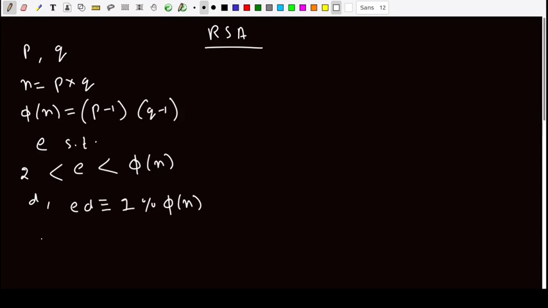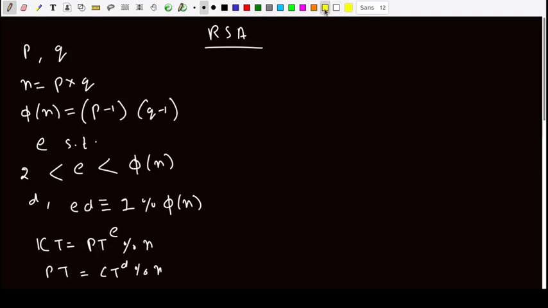Once we have e and d, we compute the ciphertext, which equals plaintext to the power e modulo n. Please note that here it is n, whereas over here it was phi n. Similarly, plaintext equals ciphertext to the power d modulo n. So this is the RSA algorithm.